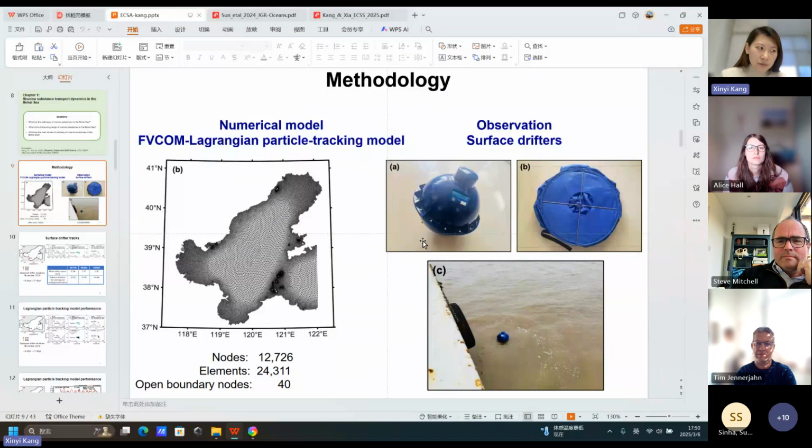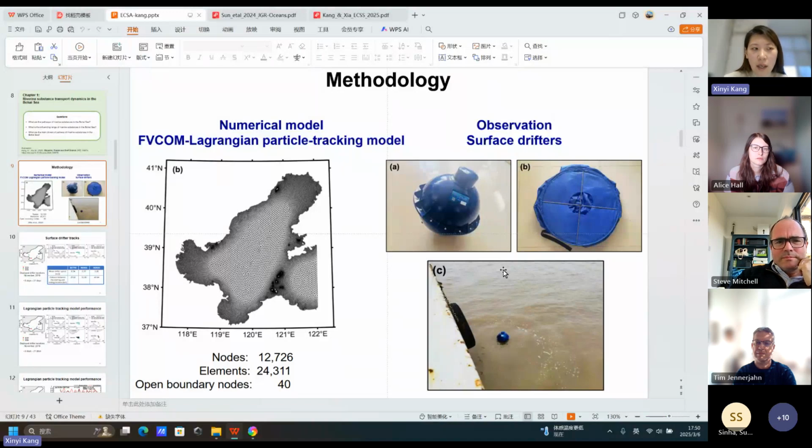When I encountered this question from the reviewer during the paper revisions, I asked the technicians from the drifter company, and they replied that the accuracy of the drifter location data is mainly due to the Beidou satellite.